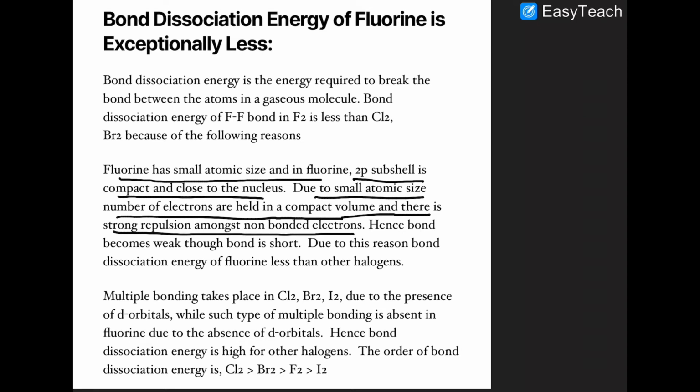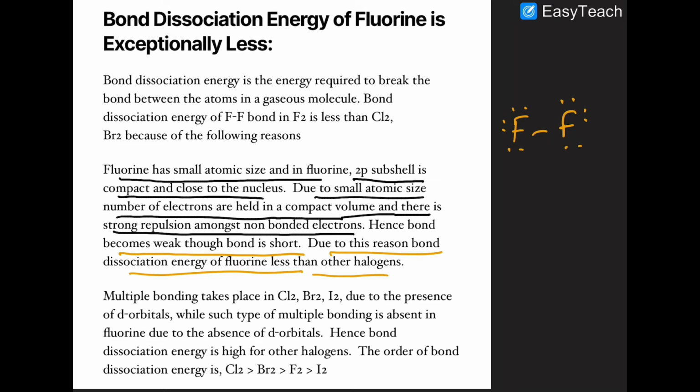What are those non-bonded electrons? I already told you, lone pairs. Hence the bond becomes weak. Although the bond is very short, the bond becomes weak. Due to this reason, the bond dissociation enthalpy is less than that of the other halogens.